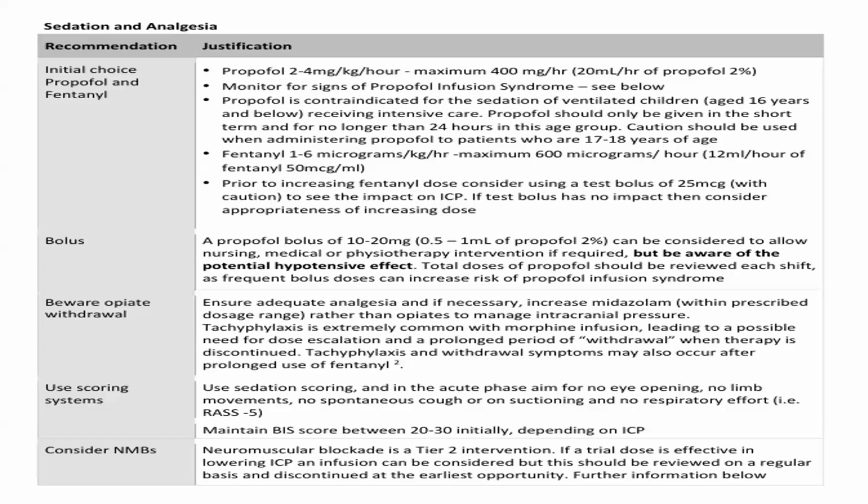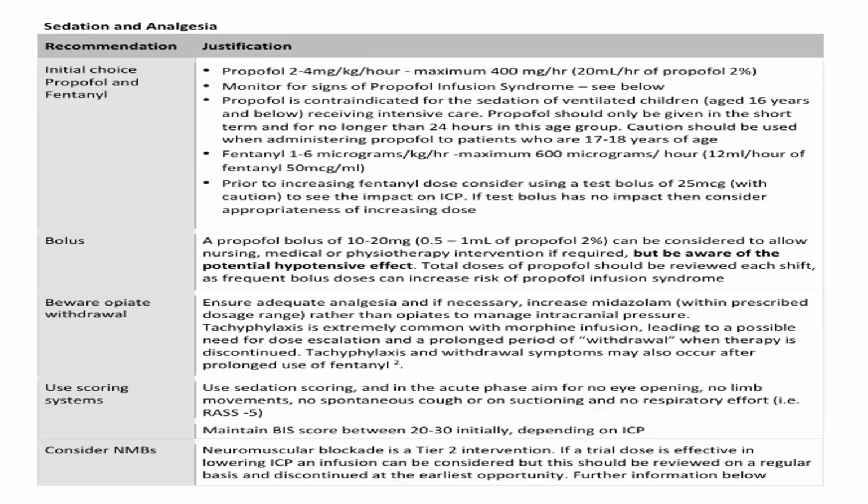Caution should be used when administering propofol to patients who are 17 to 18 years of age. Fentanyl 1 to 6 microgram per kg per hour, maximum 600 microgram per hour. Prior to increasing fentanyl dose, consider using a test bolus of 25 microgram to see the impact on ICP. A propofol bolus of 10 to 20 mg can be considered to allow nursing, medical, or physiotherapy intervention if required, but be aware of the potential hypotensive effect.